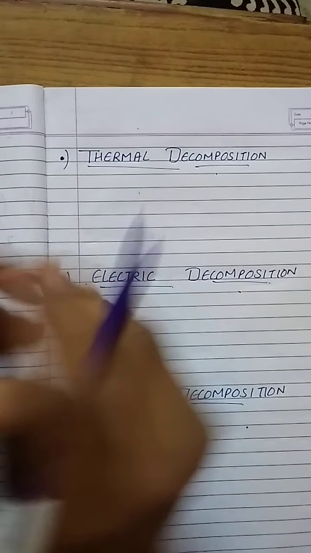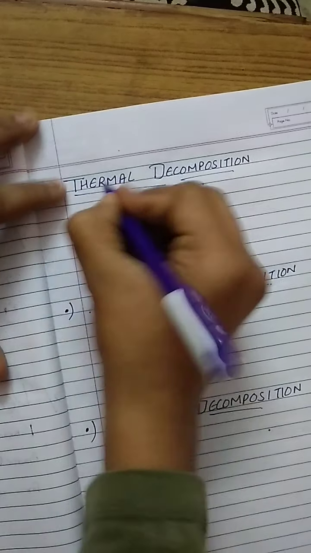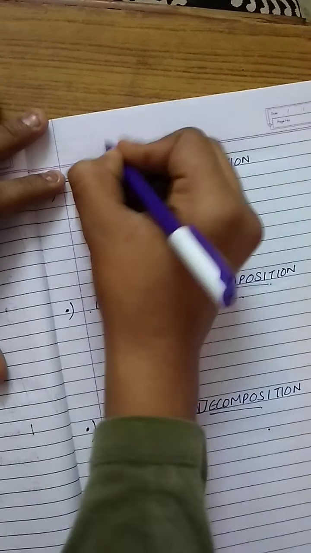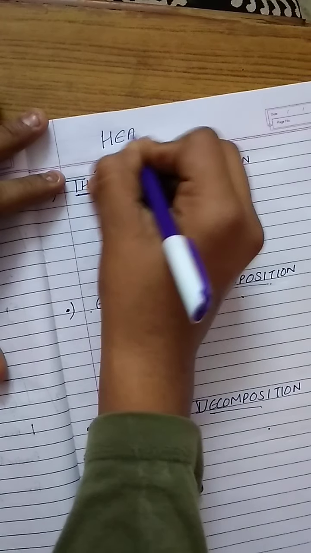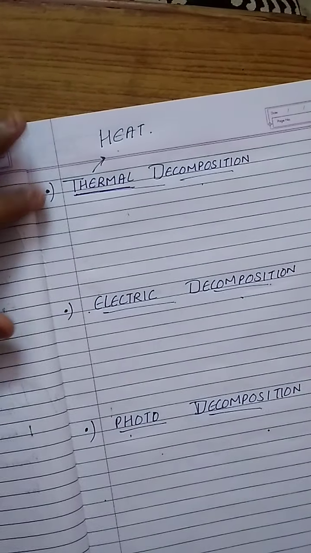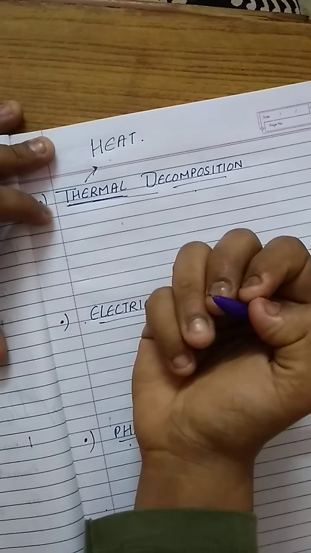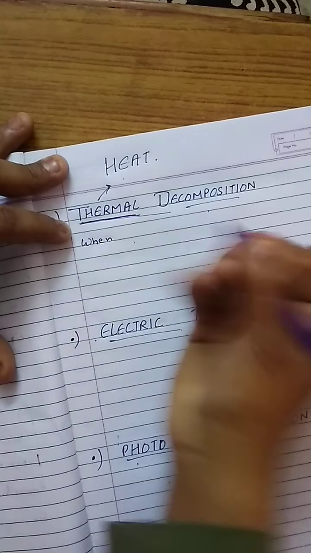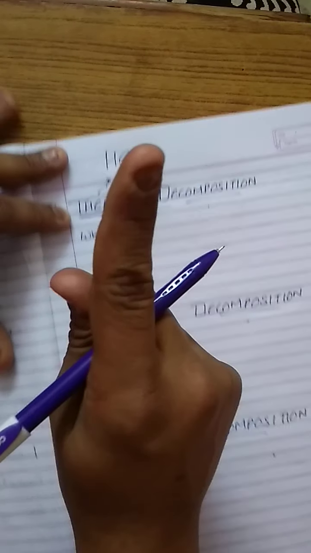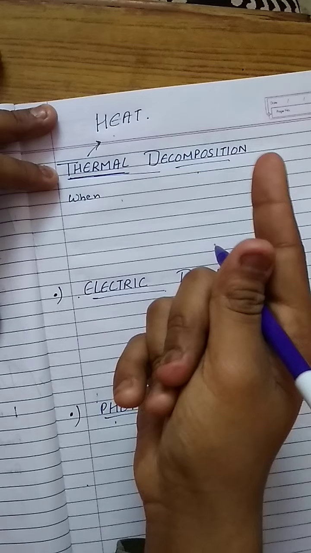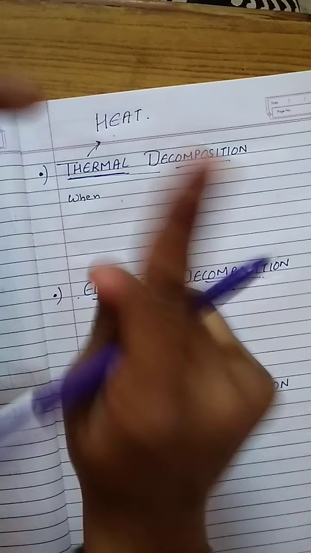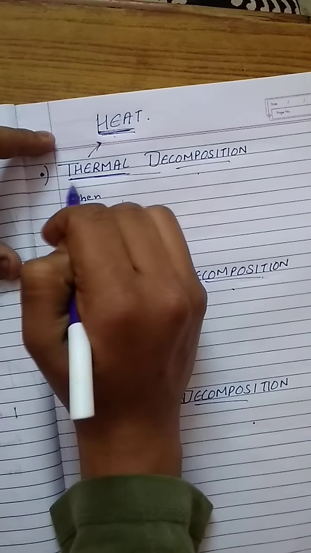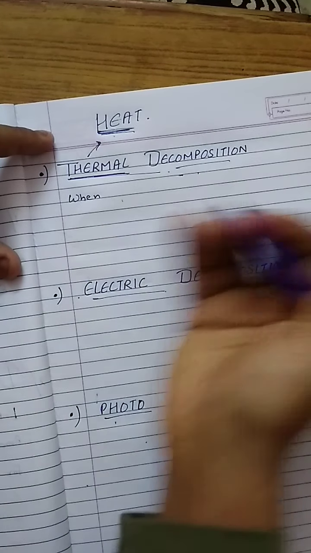So what is a thermal decomposition reaction? Thermal, the name is suggesting, thermal means heat. So the definition of this reaction is when one reactant is decomposed into multiple products by heating, by the effect of heat, it is called thermal decomposition reaction.